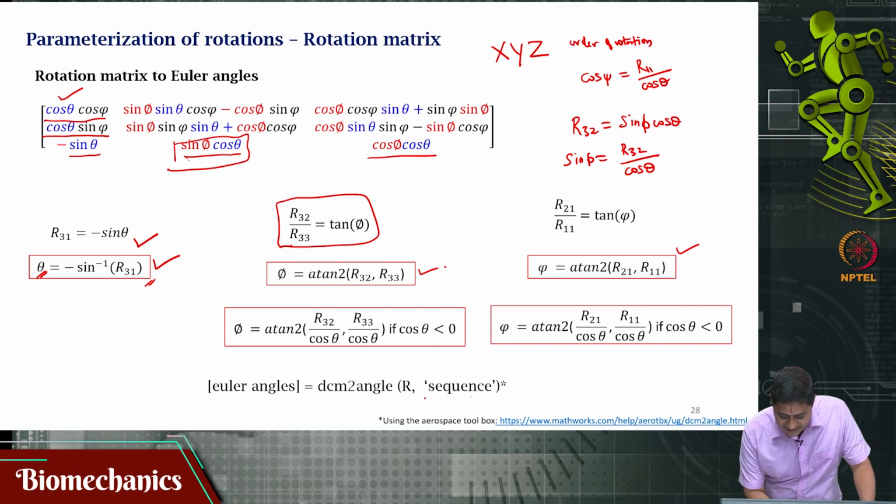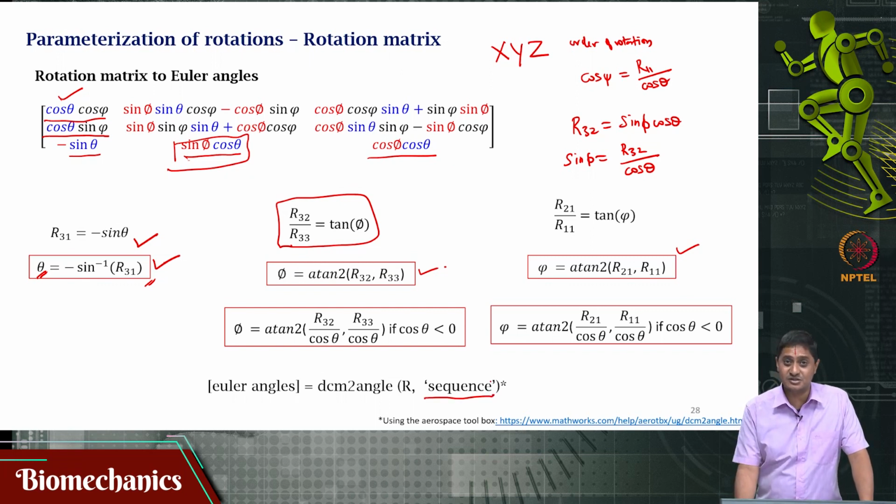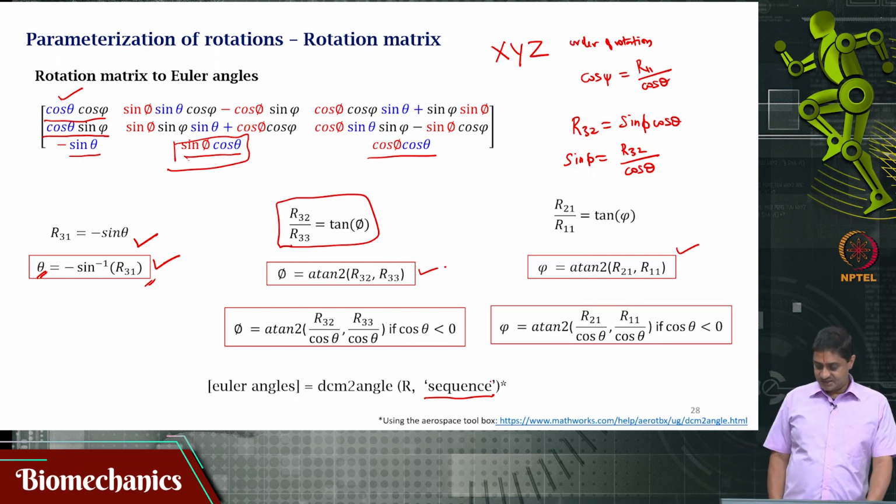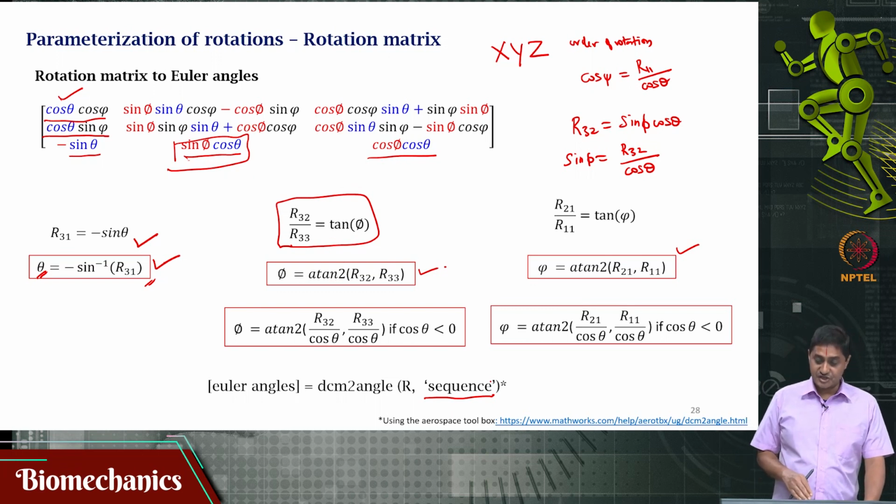You still need the sequence, because otherwise the system will not understand. You still need to say whether it is x, y, z or whatever else, right. So you will still need that sequence as an input to this function, DCM to angle, to compute your Euler angles.